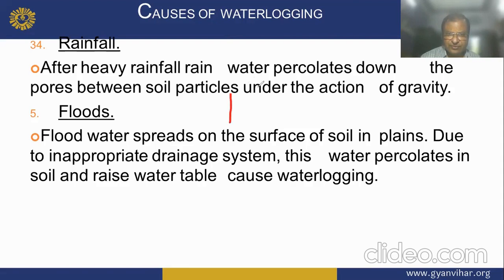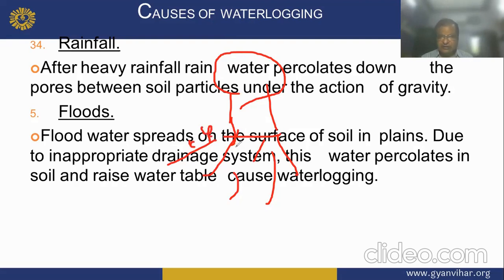If this is a tree and this is the root, you have seen so many root hairs. There are so many groups of them sucking the water, and slowly water also enters the ground. This is called percolation.